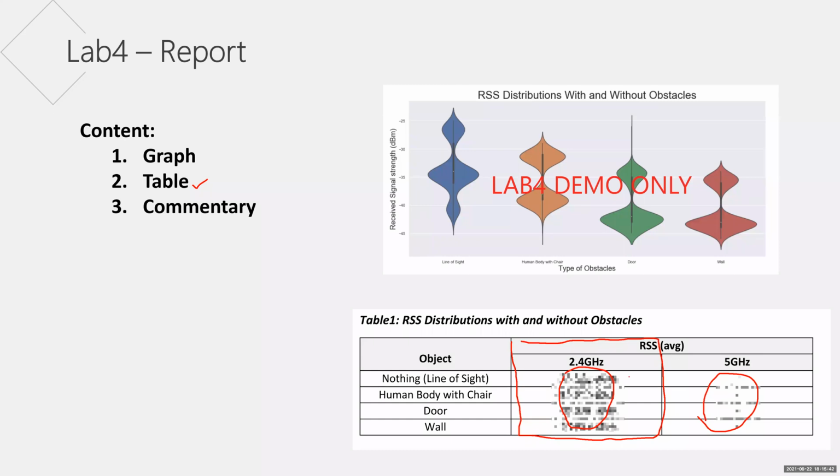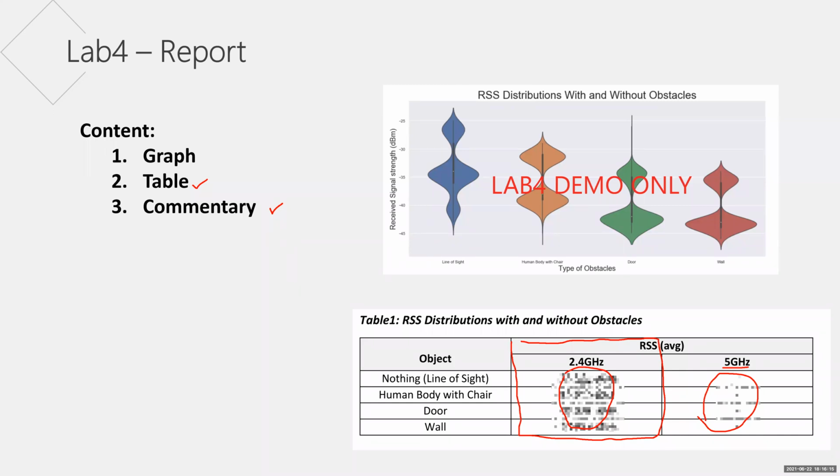It's mandatory for us, but for 5 gigahertz, because some students may not be able to create a 5 gigahertz hotspot, we do not require you to do this column if you are not able to collect the 5 gigahertz packets. And of course, the commentary.